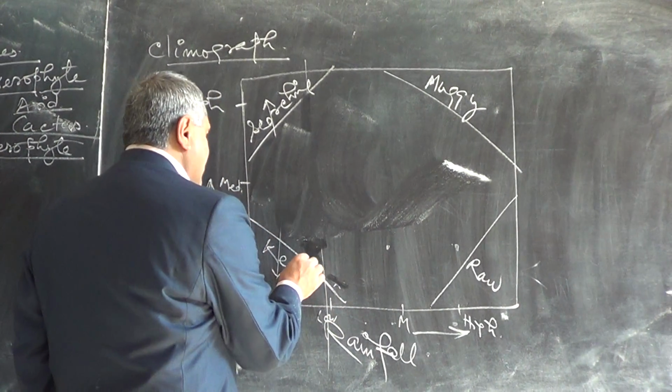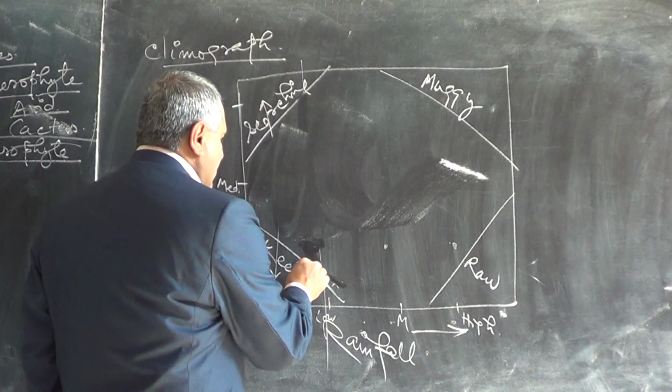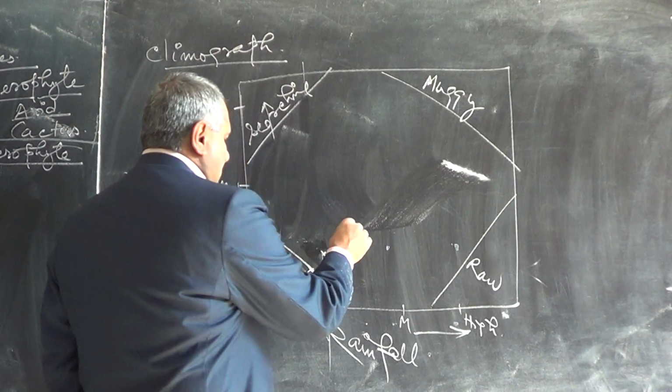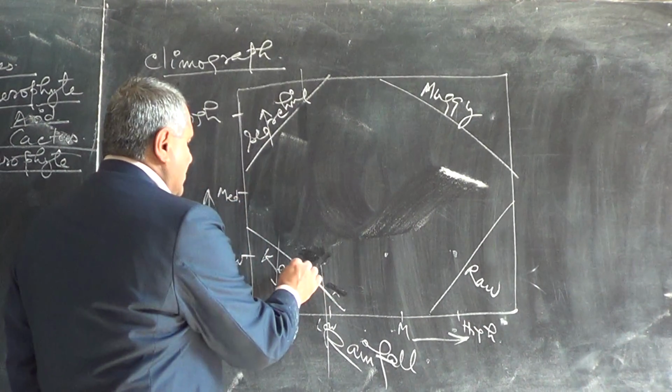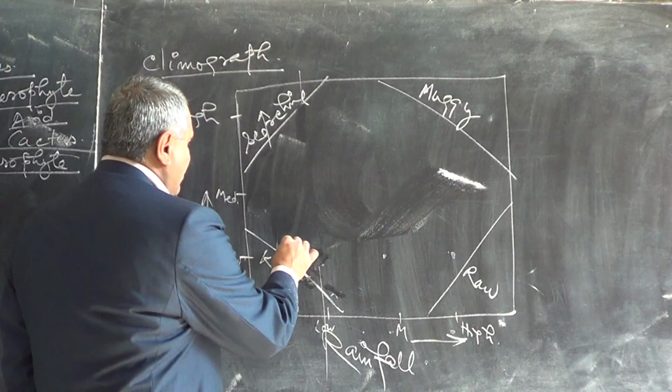Temperature increases January, February, March. February, rainfall is less.